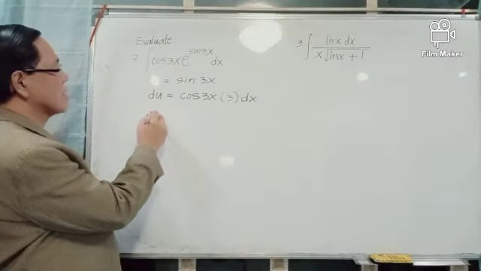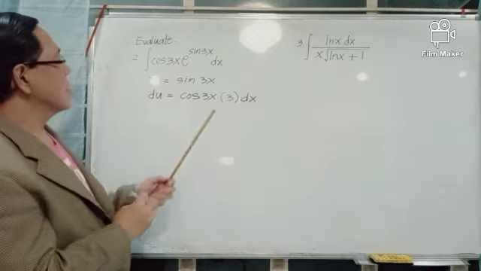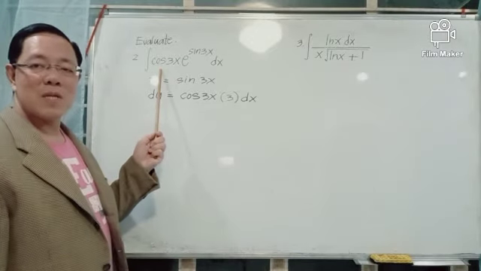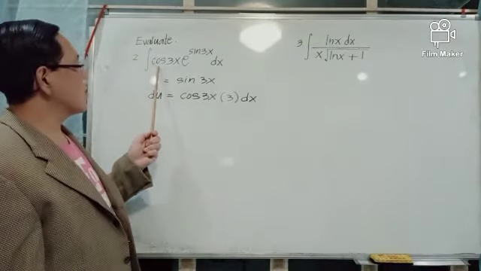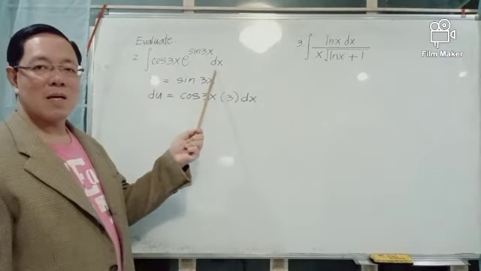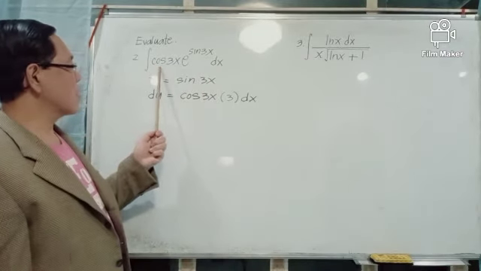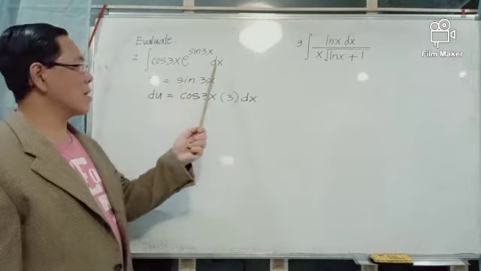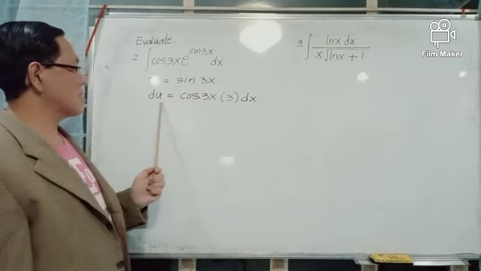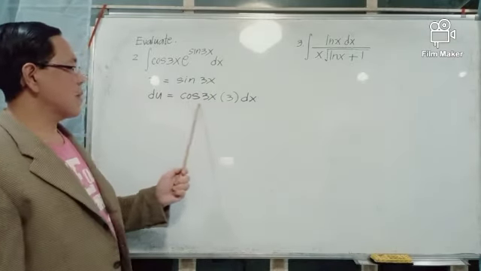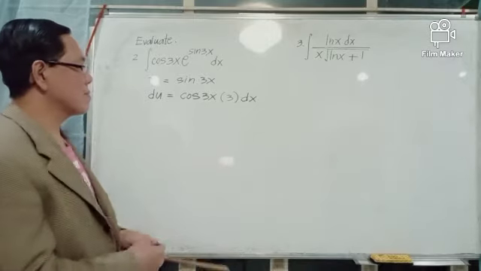Now by inspection of the given integral, we have cosine 3x multiplied by dx. And we can solve for the product cosine 3x and dx from this equation by dividing both sides by 3.